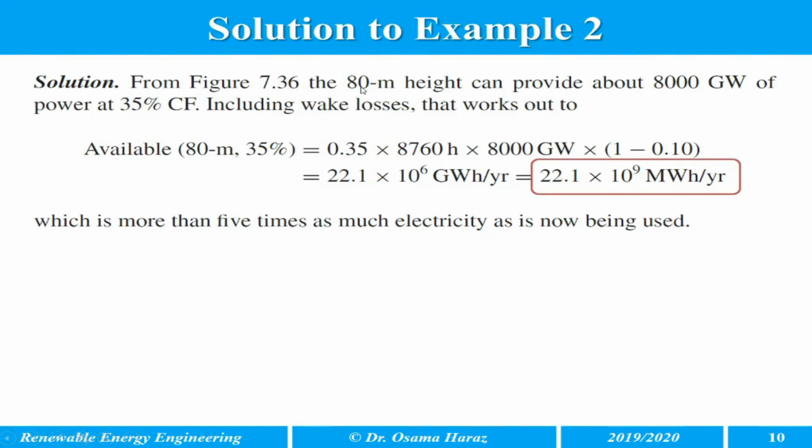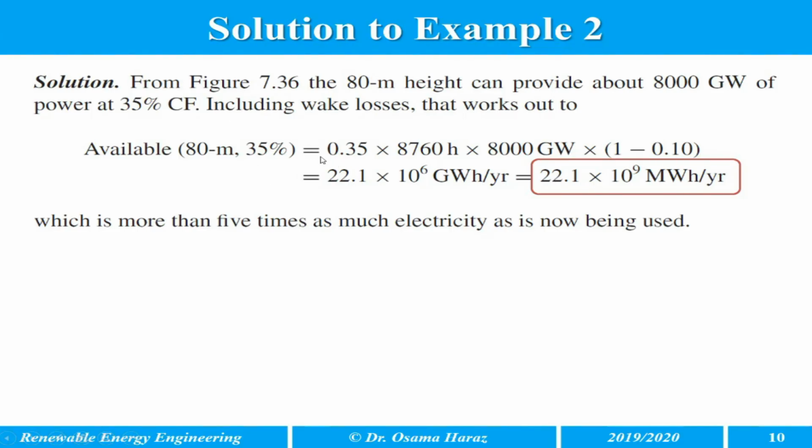From the figure, let's start with the 80 meter height wind turbine. This type of turbine can provide you with 8,000 gigawatt of power at 35% CF. So including the wake losses, what is the available power?